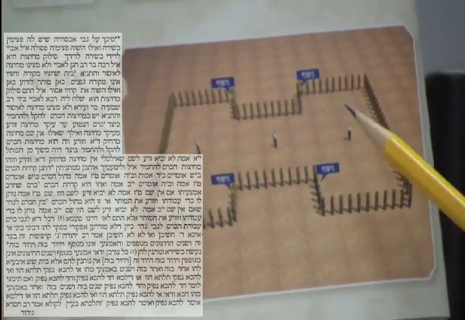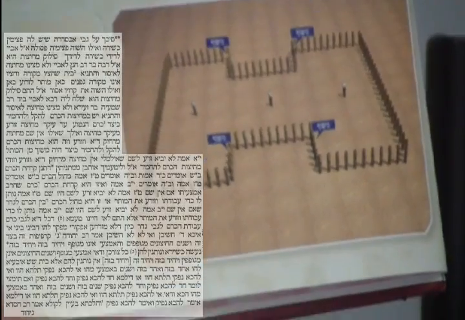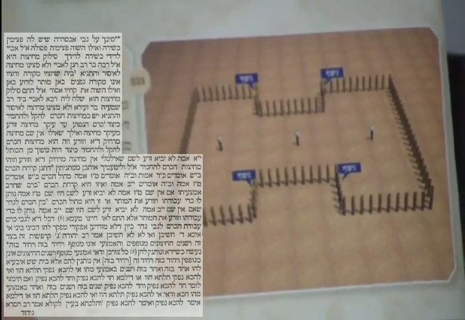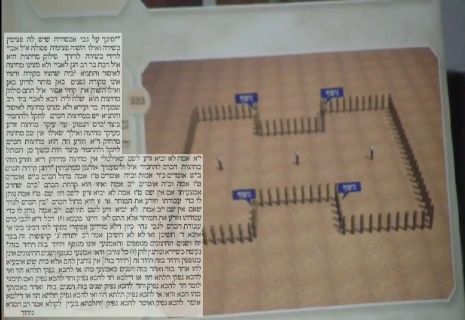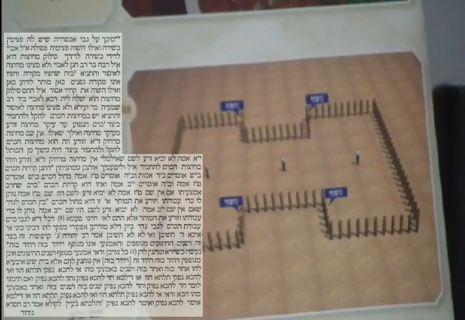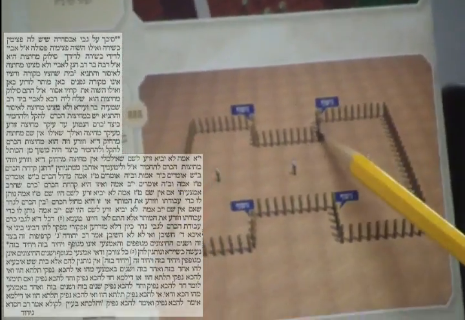if you have 3 different enclosures alongside each other, ושניים החיצונים מגופפים והאמצעי אינו מגופף, which is called gipuf.